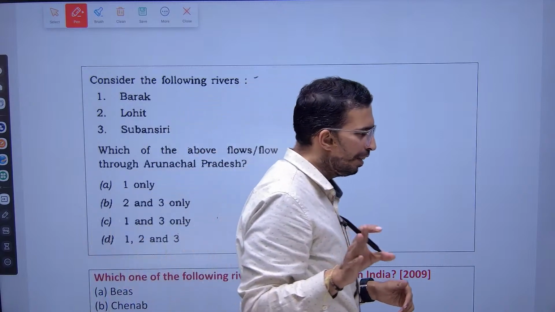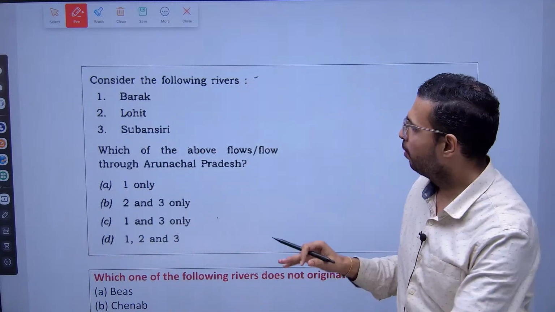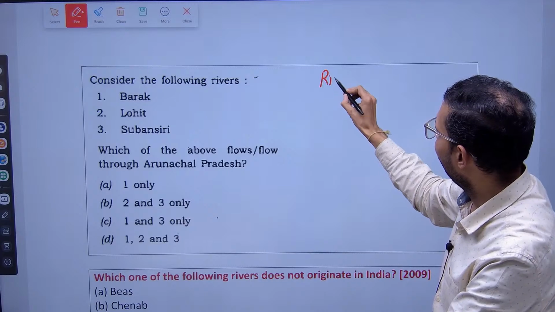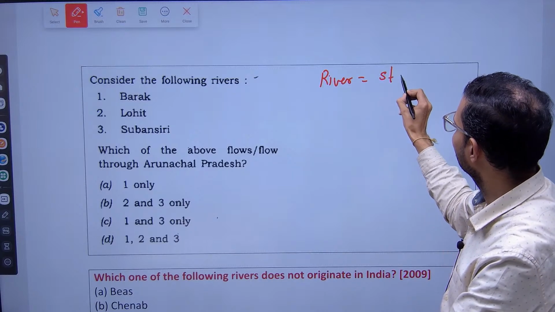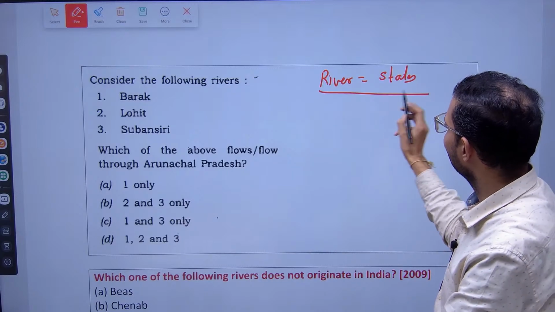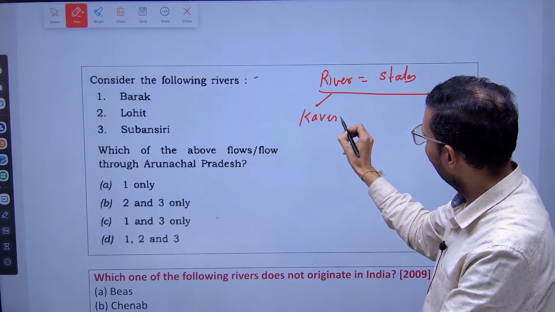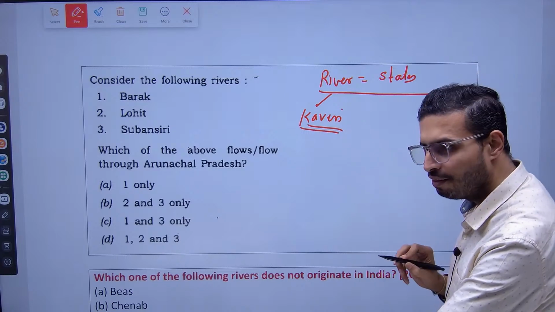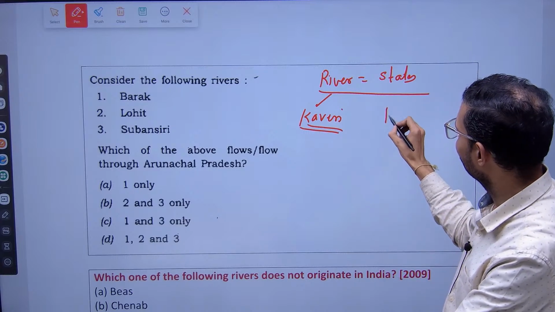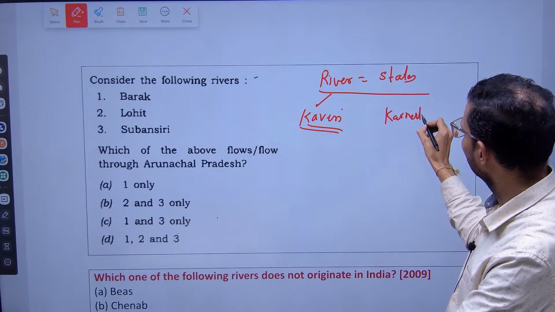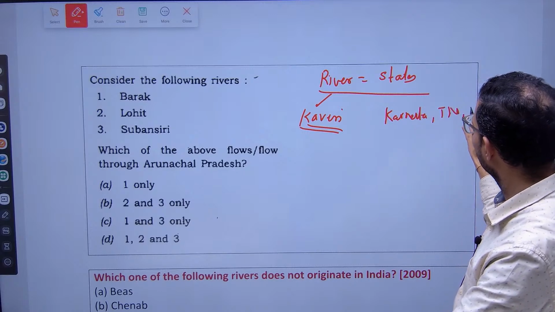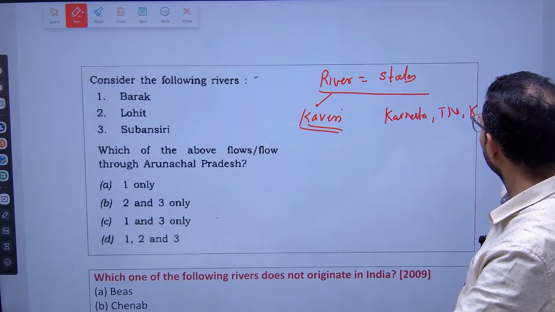See, they have given the names. They might be asking rivers and their states. How can the question be inferred? For example, the Kaveri river flows through which states? Then they might give Karnataka, Tamil Nadu or Kerala.